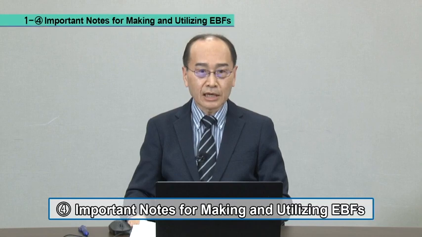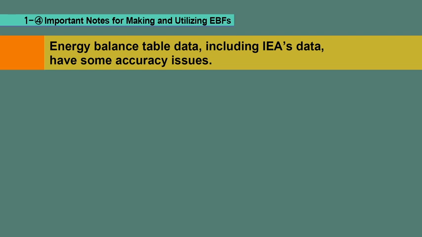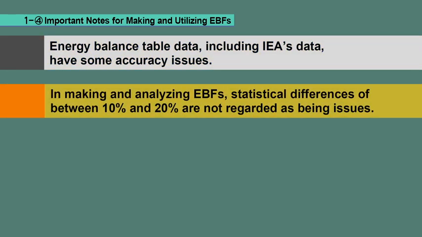Now, let me explain the important notes on making and utilizing EBFs. Whether from the IEA or the respective country, there are often many cases in which there are some accuracy issues. So, when making and analyzing EBFs, we will not regard errors of between 10 and 20% as being an issue.